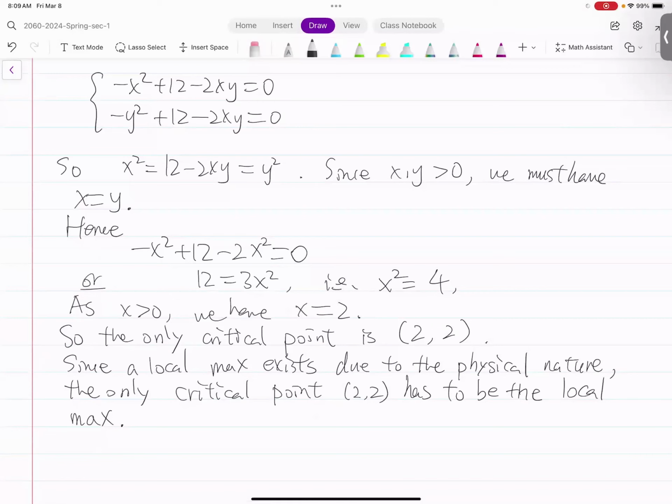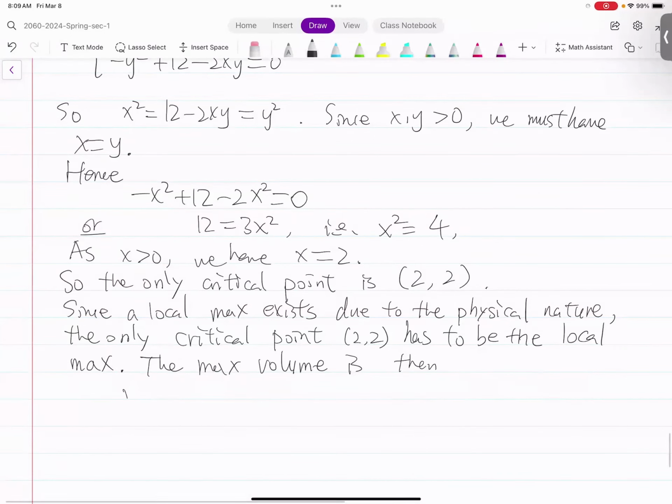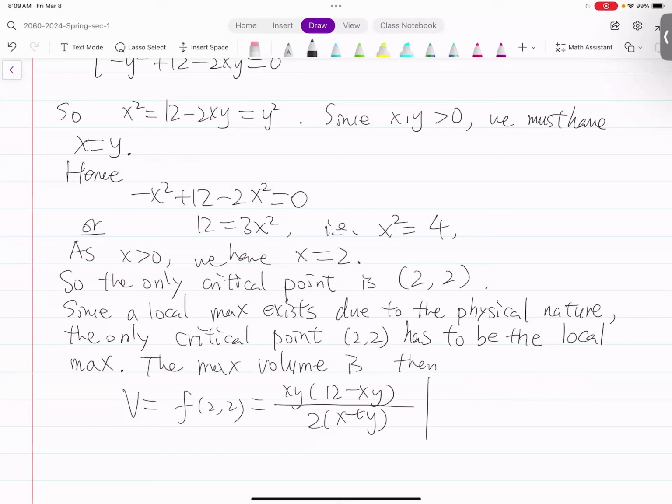So we just plug in the two pair into the functions. The max volume is then V equals f of (2, 2), which is the function xy times (12 minus xy) over (2x plus y), evaluated at the pair (2, 2).